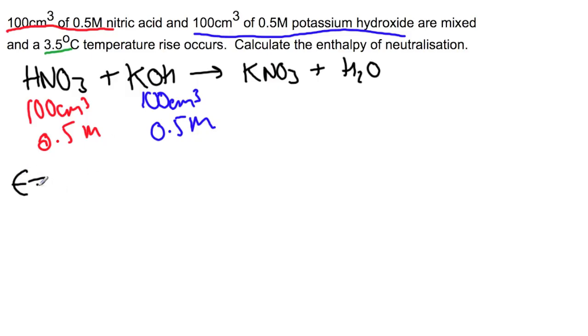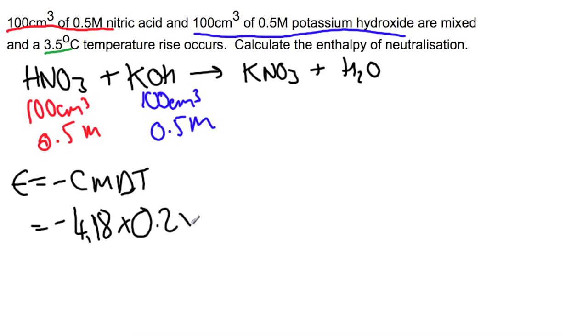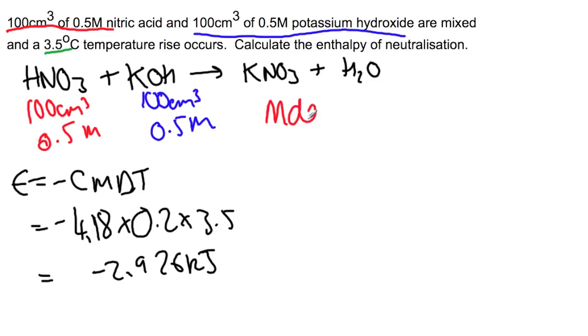So if we do E equals negative Cm delta T, we have negative 4.18 multiplied by the total volume, putting that into a mass is 0.2, and then the temperature rise of 3.5 to give you an energy change of minus 2.926 kilojoules. Now we need to calculate the number of moles of water that were produced, so we're going to base that on the moles of HNO3, which is going to be concentration times volume.